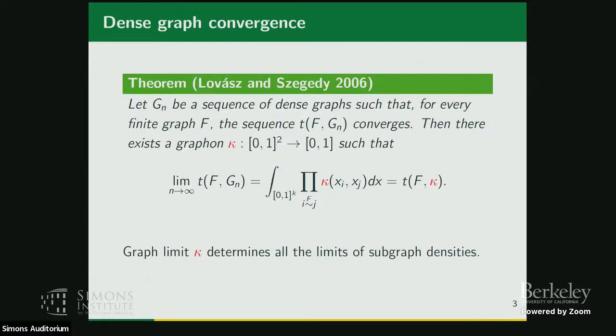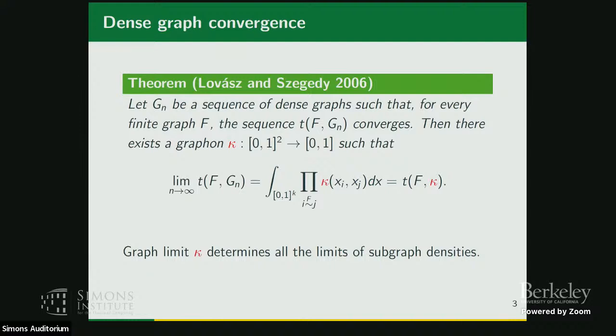Now the dense graph convergence theory by Lovász and Szegedy says that if you have an increasing sequence of dense graphs G_n, where G_n is a graph on n nodes, then you call this a convergent sequence if the subgraph density for every finite graph F converges to something.